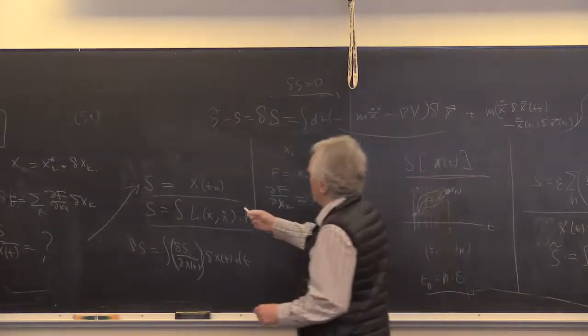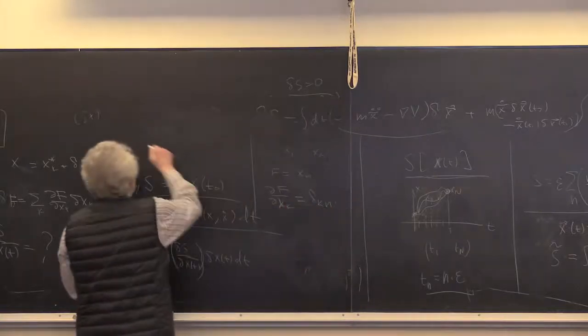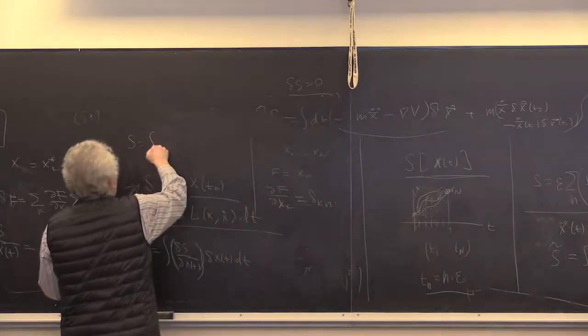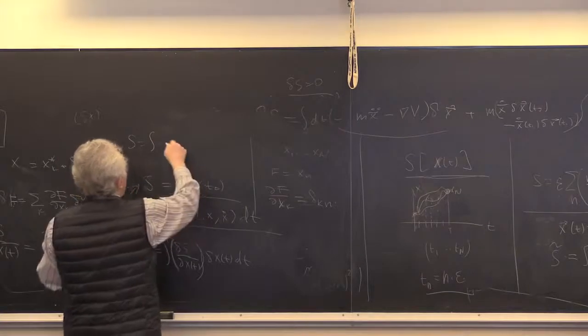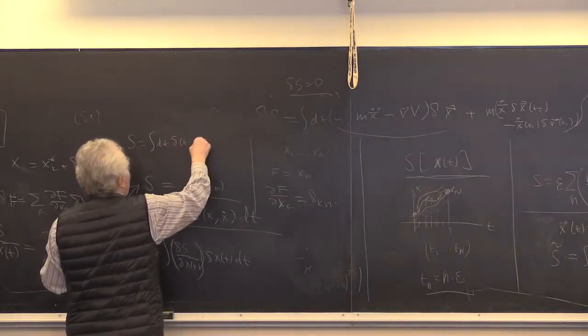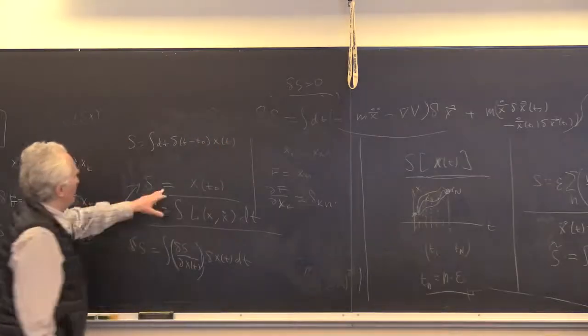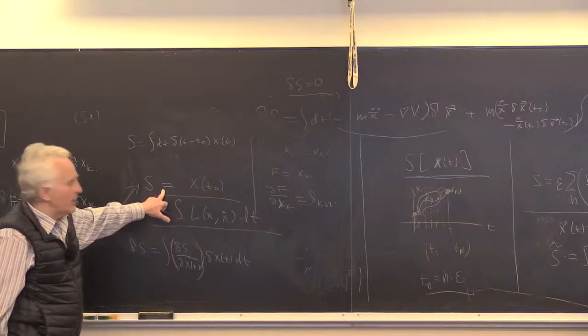Now the trick I want to use here: it will be convenient for me to write it down as an integral over dt, delta of t minus t0, x of t. That's the way to write down this functional.